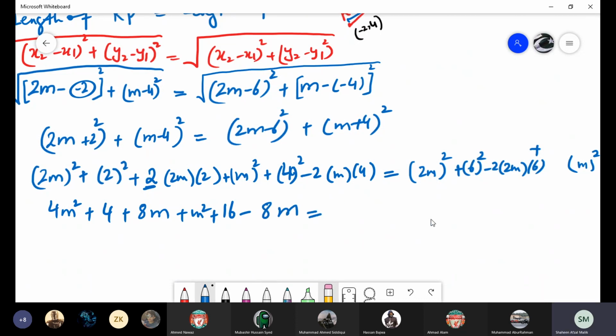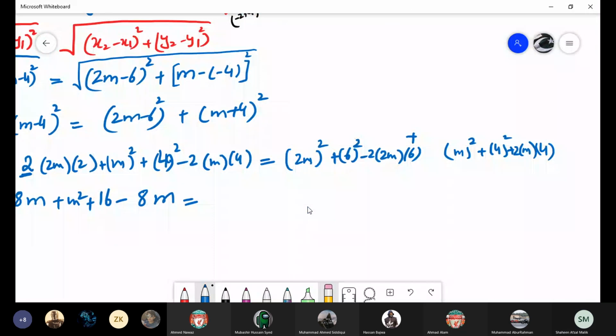And the right side will be 2 2s are 4m square plus 6 square is 36 minus 6 2s are 12, 12 2s are 24m, plus m square plus 4 square is 16 plus 4 2s are 8m.